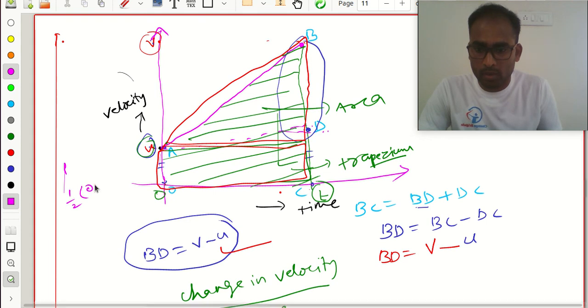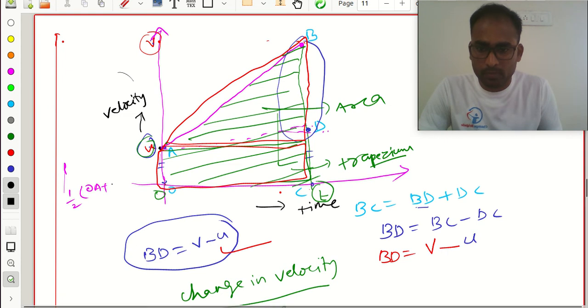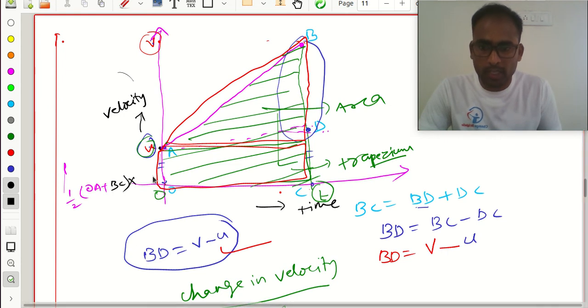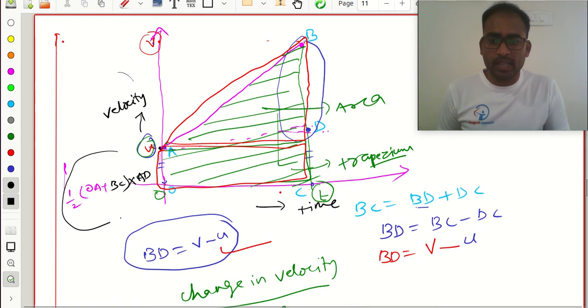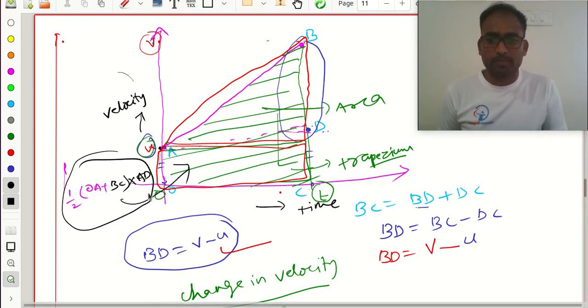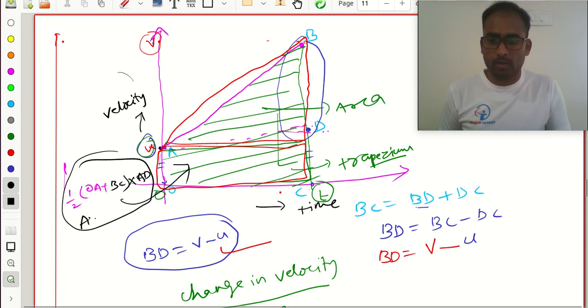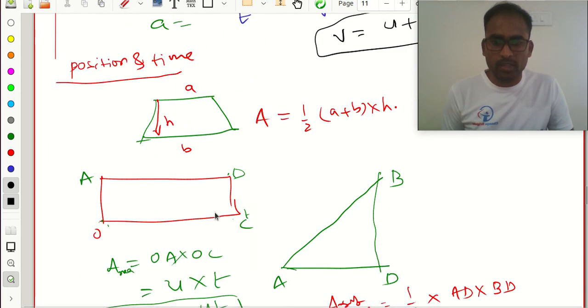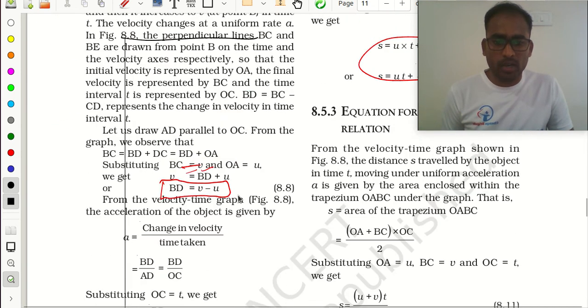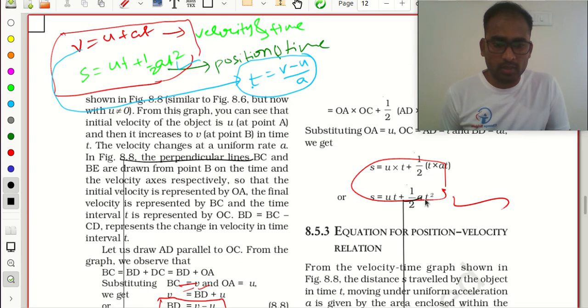OA plus BC, multiplied with its height. Height is AD. Clear? This is the area of this trapezium only, na? Understood? How did I get this one? I got it from this relation only. This is our area of a trapezium.